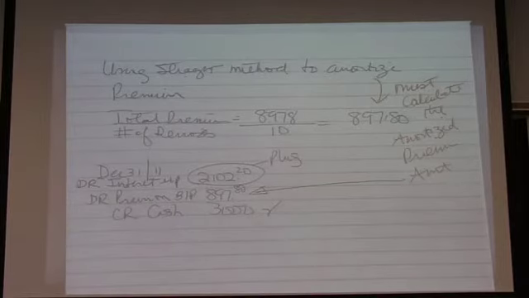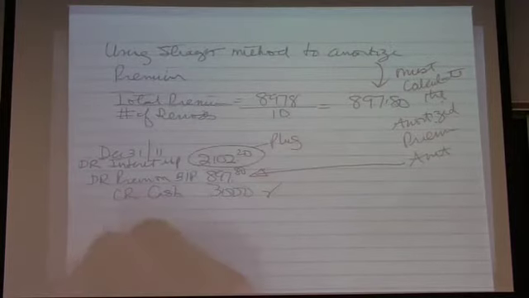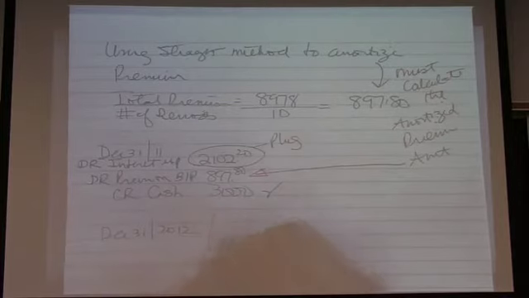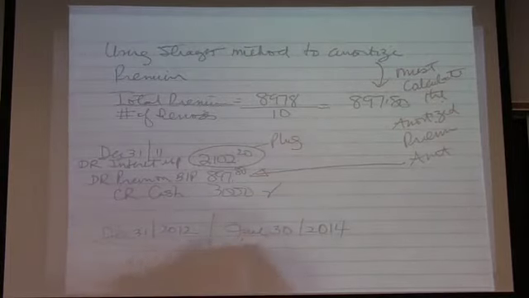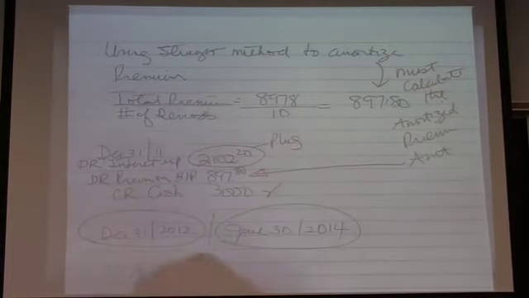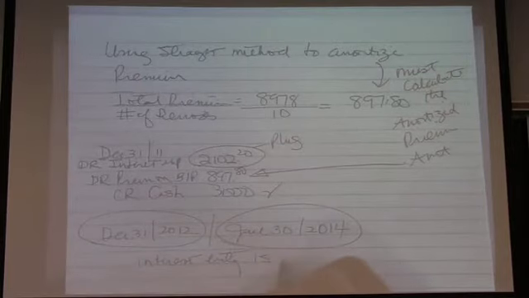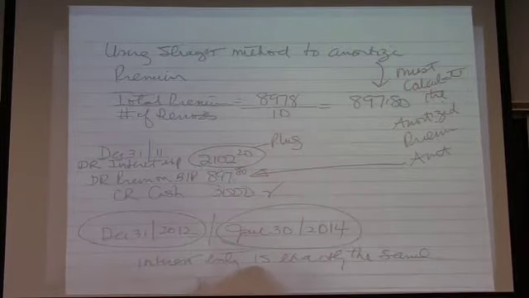Now, when we're dealing with an interest payment on December 31st, 2012, or June 30th, 2014, so I'm picking random dates here. Why? Because on these dates, the interest entry is exactly the same as December 31st, 2011.